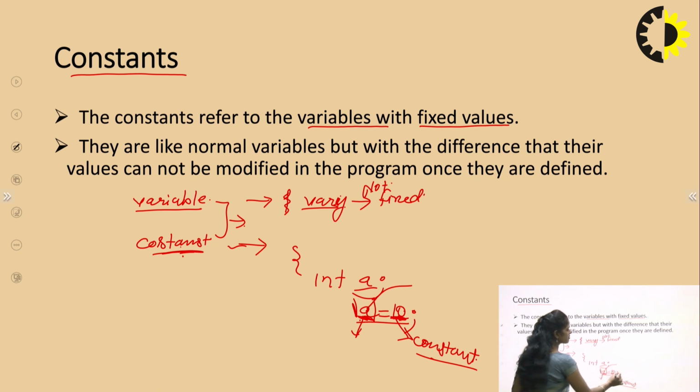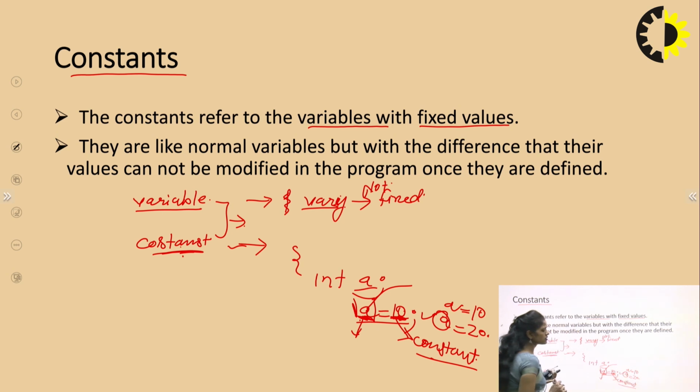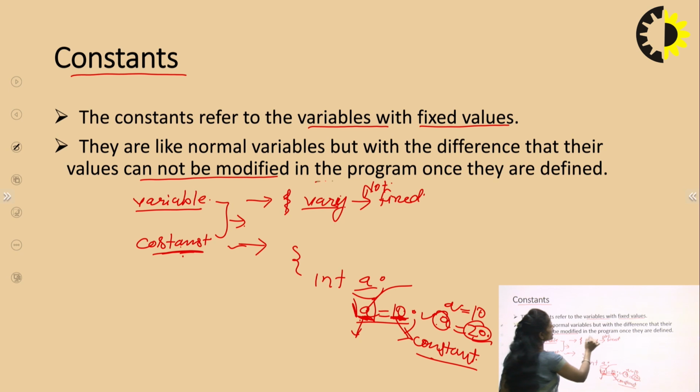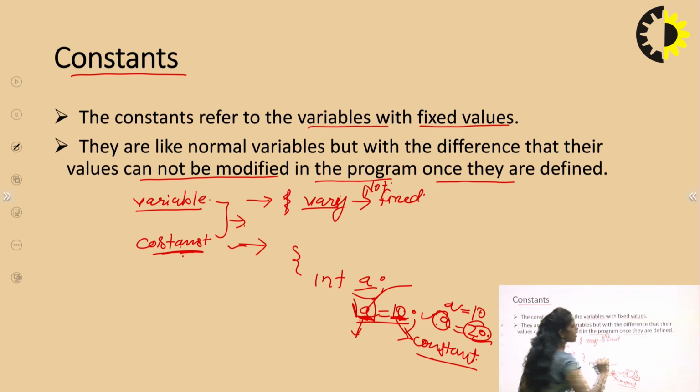If I am saying this time a is 10, but another time I am saying a is 20, what is changed here? The value of a will change every time, but can the value of 20 change? No. So that is the constant, right? Are you getting my point? A constant's value cannot be modified in the program once it is defined.